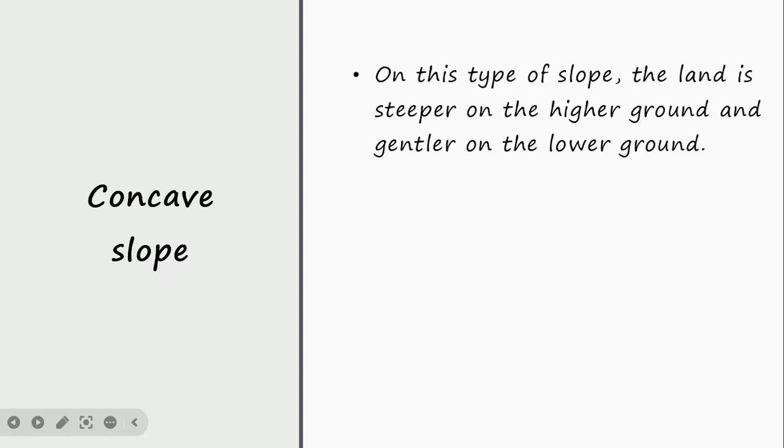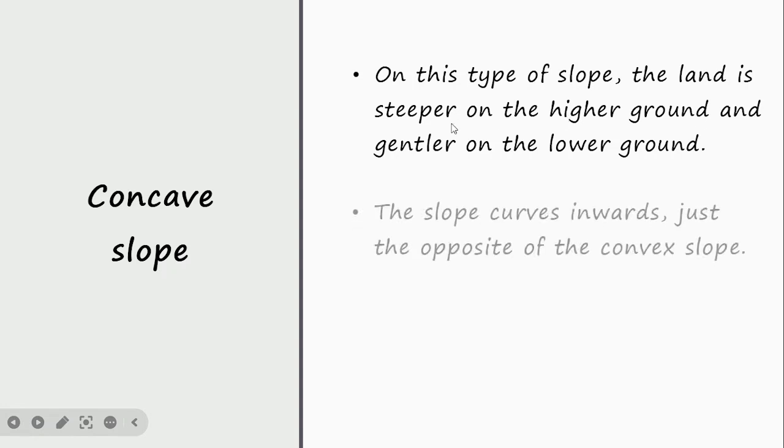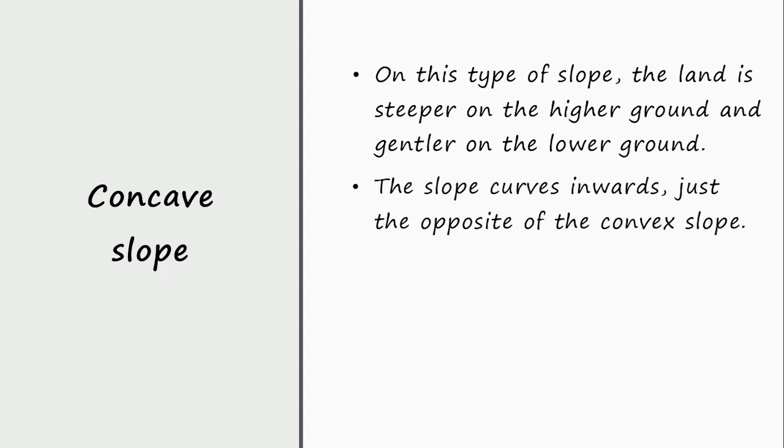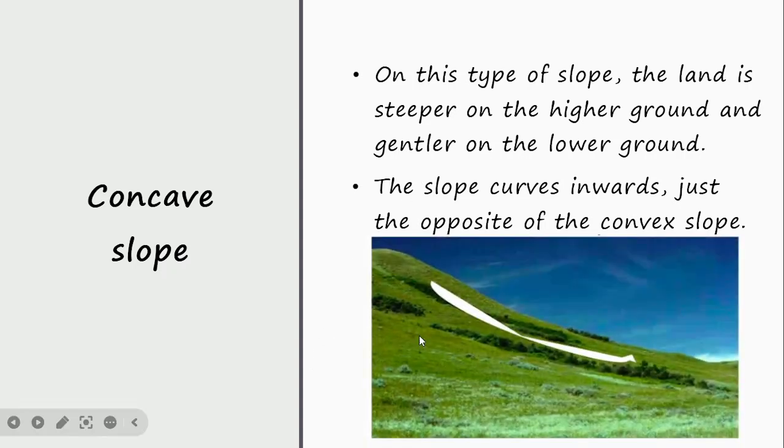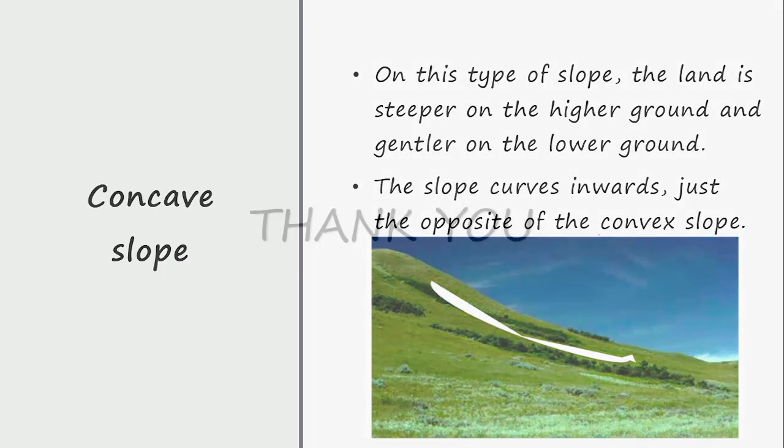On this type of slope, the land is steep on the higher ground and gentle on the lower ground. The slope curves inwards, just the opposite of the convex slope. And this is how it looks. This is a concave slope.